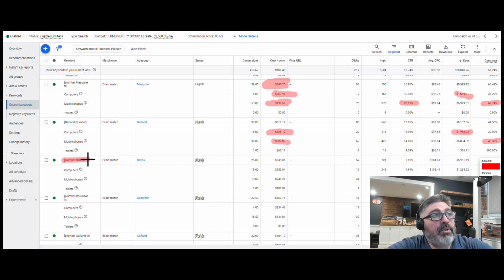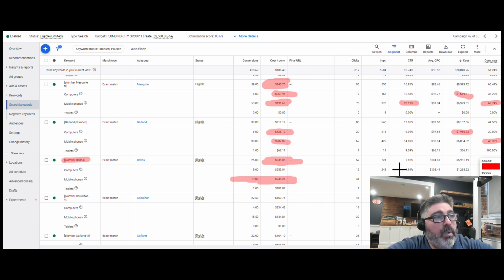If you look at like Plumber Dallas, these numbers are pretty close together. When you're bidding on a major market keyword, you're going to spend a lot. So you can see, even if I were to spend more on mobile here, I still get greater efficiency on a cost per lead basis.